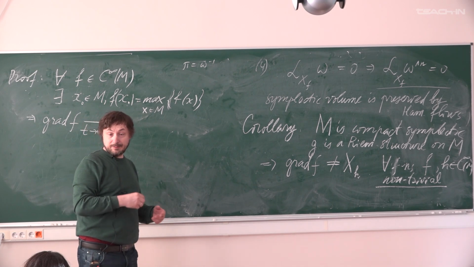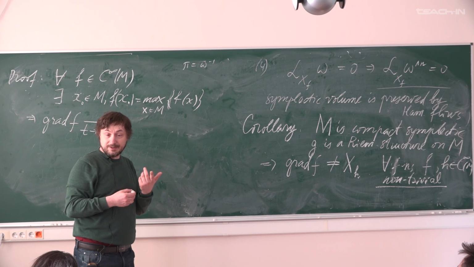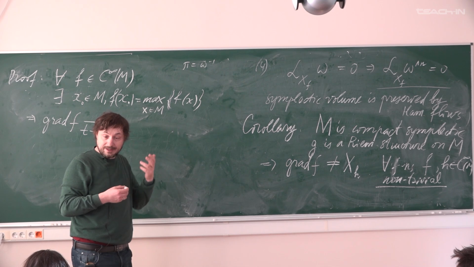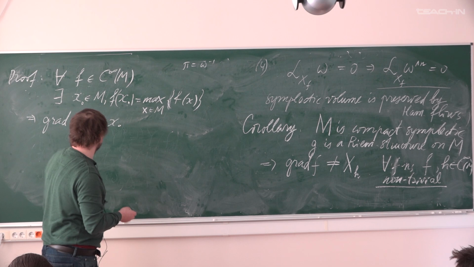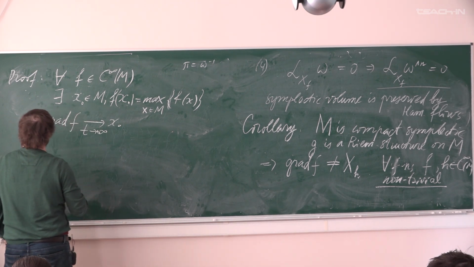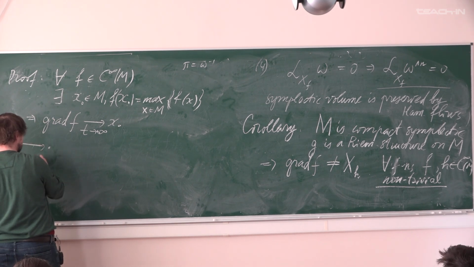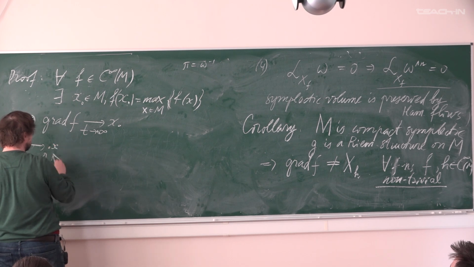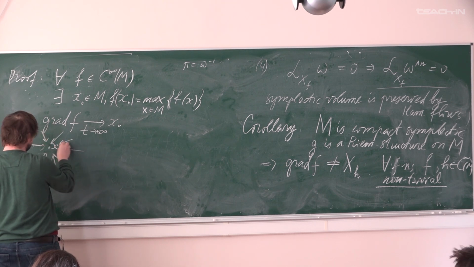Because when you move along the trajectories of gradient vector field, the value of f grows. So you cannot grow indefinitely, and you can end up at some maximum, local maximum, global maximum, doesn't matter.